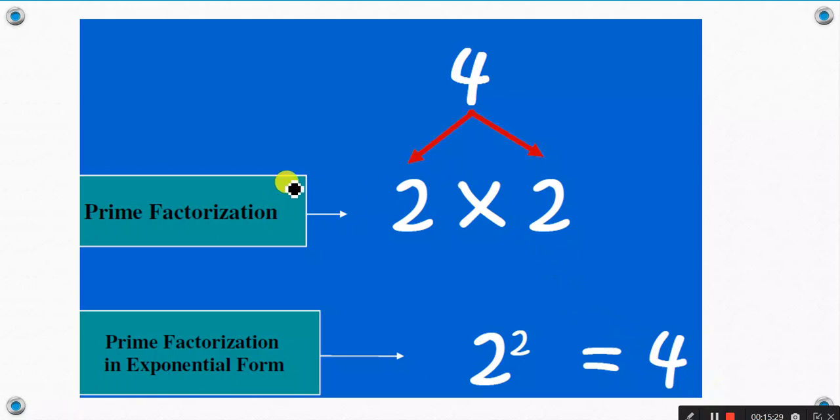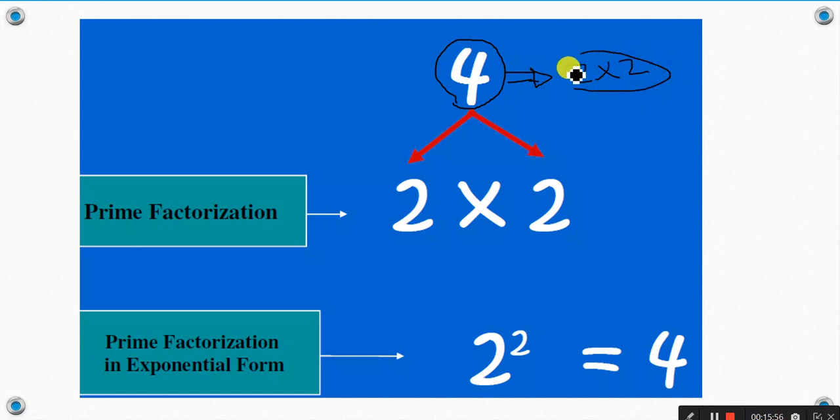Let us move to another example. As we said before, every number can be rewritten. We can write every number in terms of prime numbers. For example, if you take 4, 4 is a composite number. So let us write it as a product of primes. 4 is divided by 2, so 2 times 2 is 4.